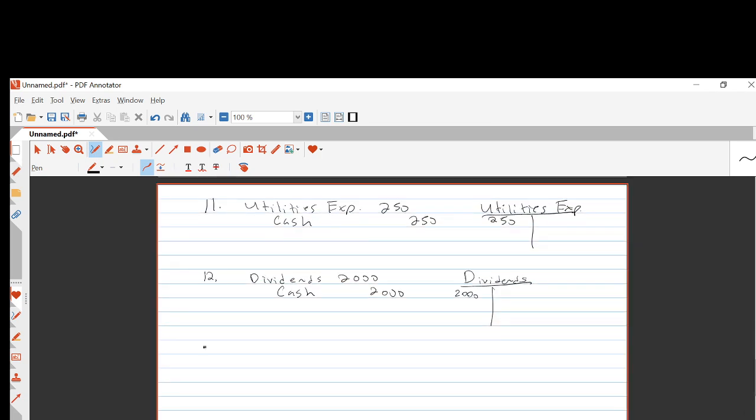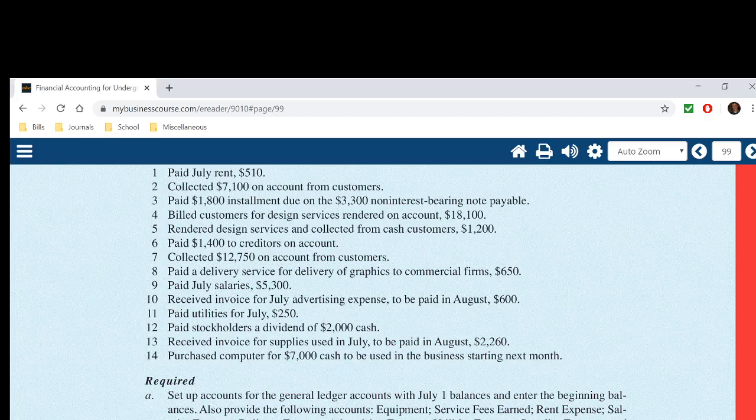Number 13, we're almost done with the 14 transactions. Received invoice for supplies used in July to be paid in August, $22.60. Now this one's a little tricky, the wording. So essentially what's happened is two things have happened, but they're wanting you to summarize it in one journal entry. Let's do two journal entries, though, because it'll make more sense.